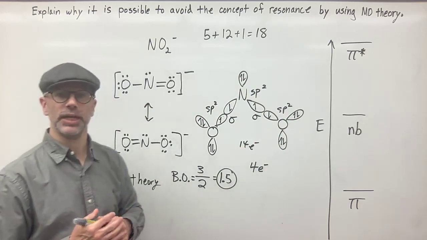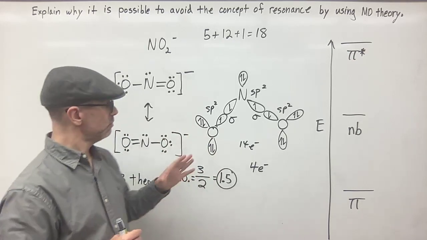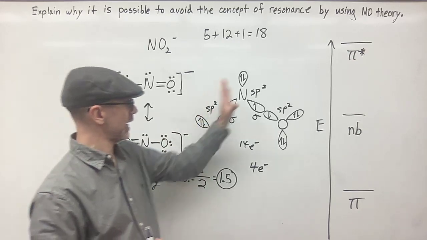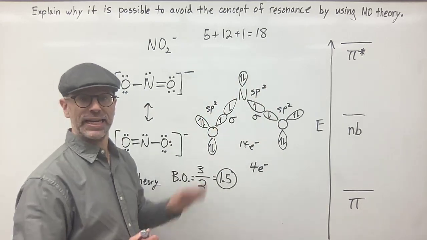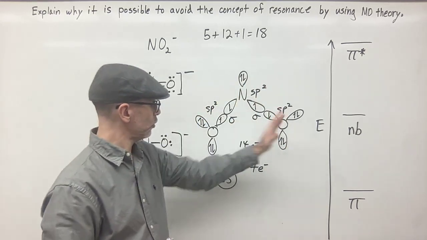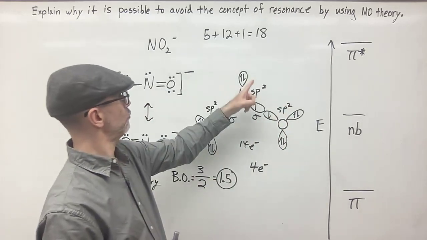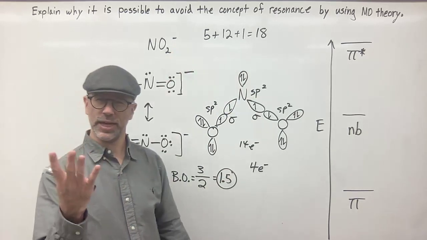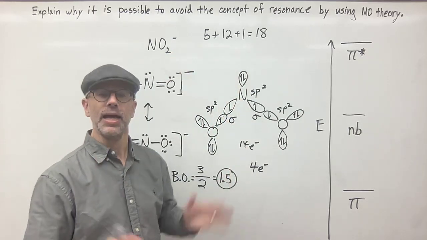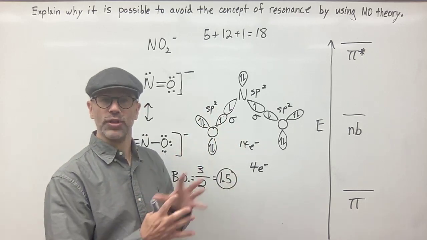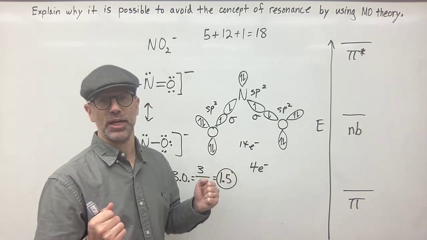And again, according to molecular orbital theory, those p orbitals each will contain an electron, right? So 1 electron in each of the p orbitals, that's 3 electrons, plus the 1 electron left over from the charge. That's 4 electrons, 3 p orbitals, each contains 1 electron. And so that allows for the interaction of the unhybridized p orbitals.